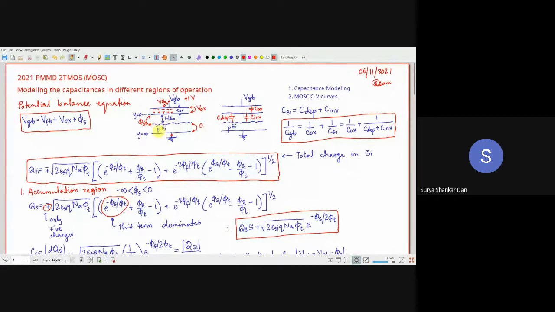How about this PSI, the P silicon substrate? What are the charges there? No charges. Why? No voltage drop also. That's why I have put specifically 0 volt. Why? Because they have mobile holes over here beyond the depletion boundary. This crooked line is the depletion boundary.